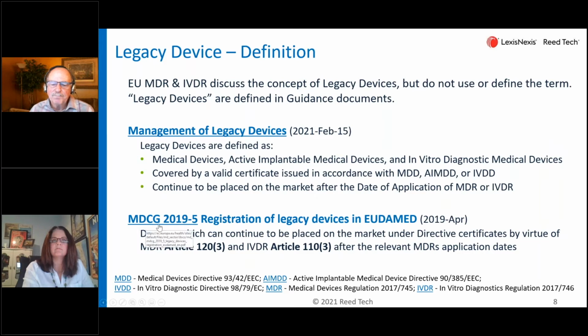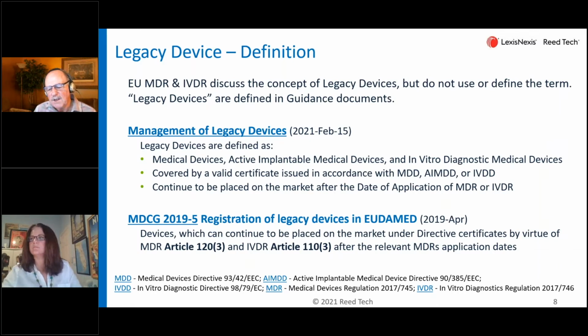And then the other supporting document, there's various ones, but the other, Medical Device Coordination Group 2019-5, talks about the registration of legacy devices. And again, it reiterates these devices can continue to be placed on the market by virtue of Article 120 in the MDR and Article 110 in the IVDR.